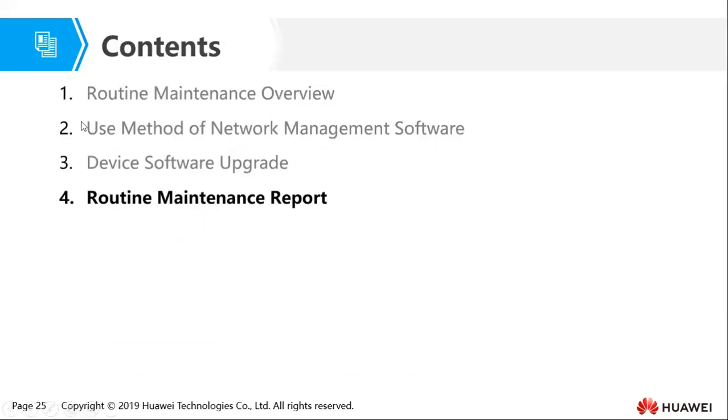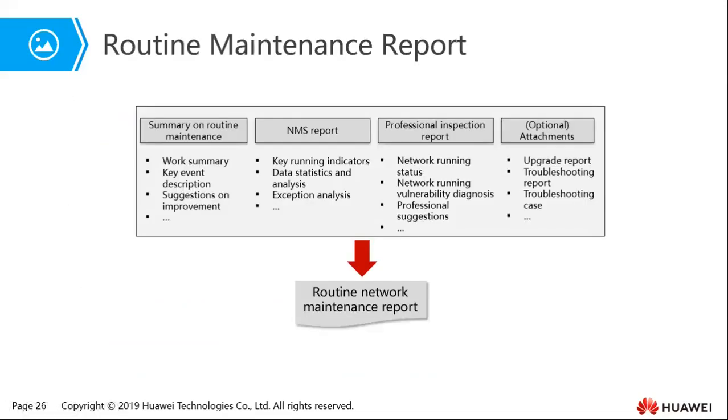Okay, so routine maintenance report. So you need to do a summary on the routine maintenance. For example, key event description and the suggestions on improvement. The NMS report, for example, the key running indicators, the data statistics and analysis, etc. Professional inspection report.